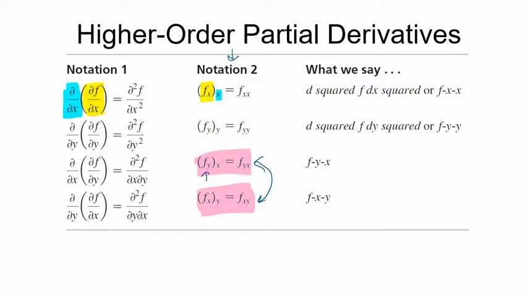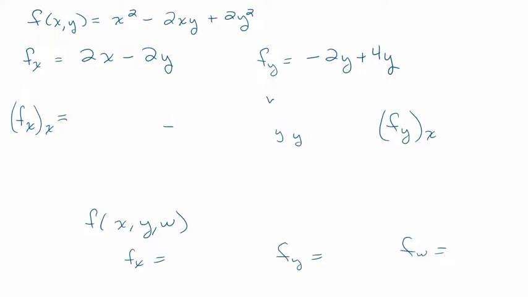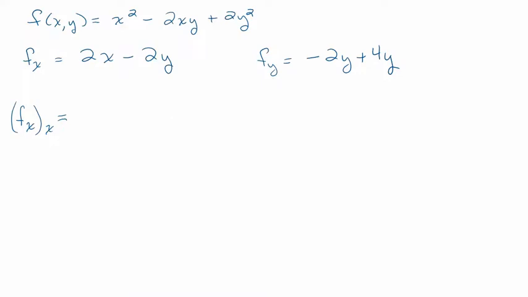Now the actual computation of this thing is pretty straightforward. We're just going to do the stuff that we did before. All right, so for this one, if I want to take the partial with respect to x again, then I'm going to take the partial derivative with respect to x of 2x minus 2y.